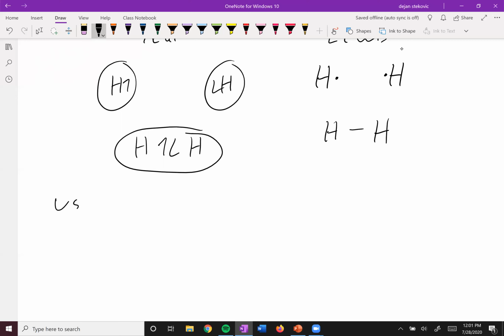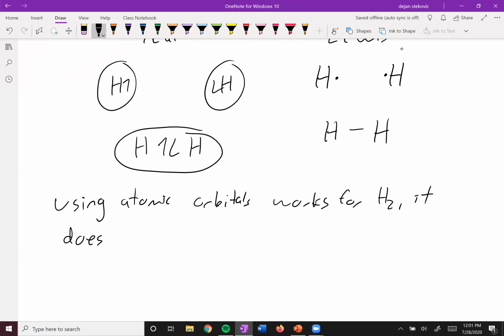And so while using atomic orbitals works for H2, it doesn't work for many other compounds.